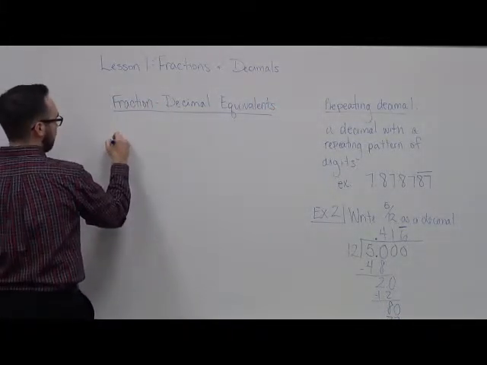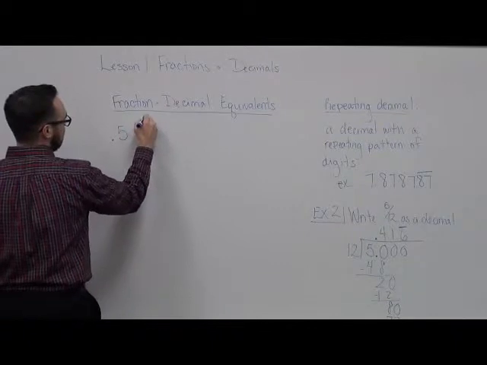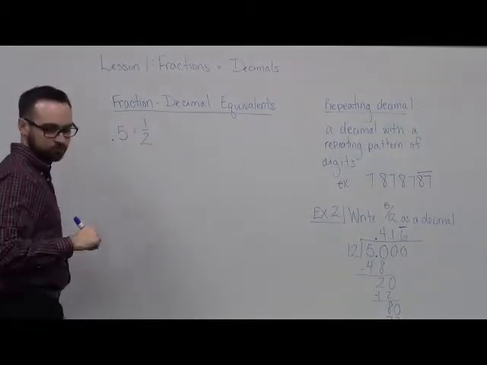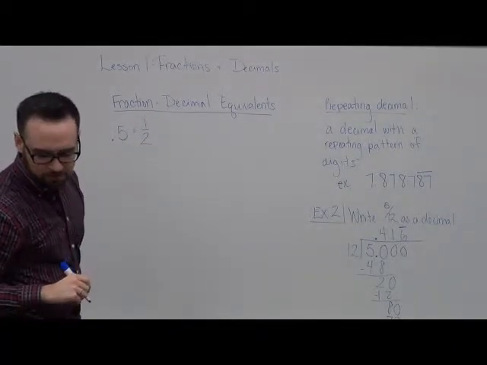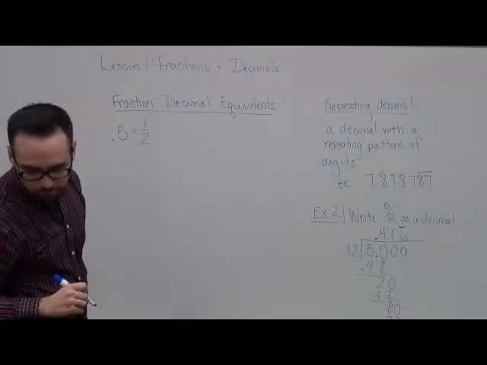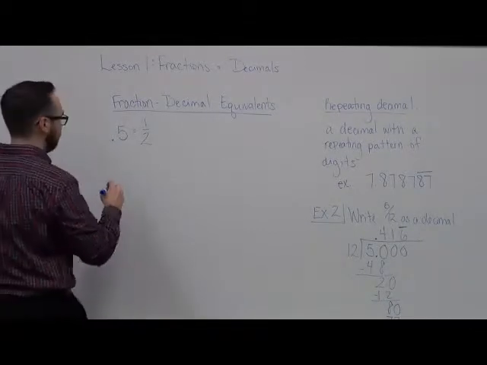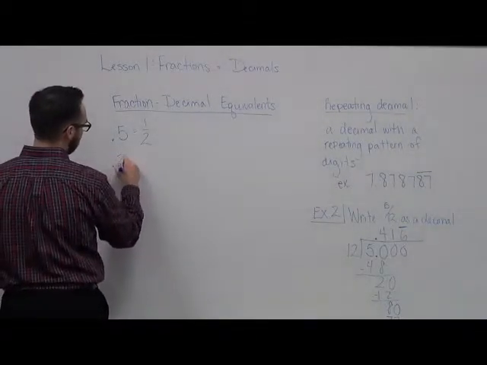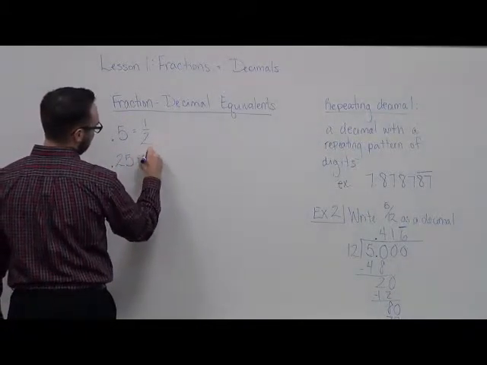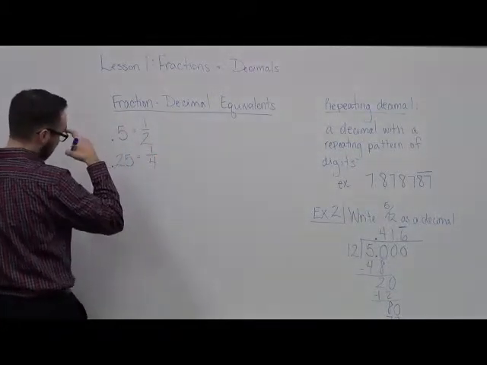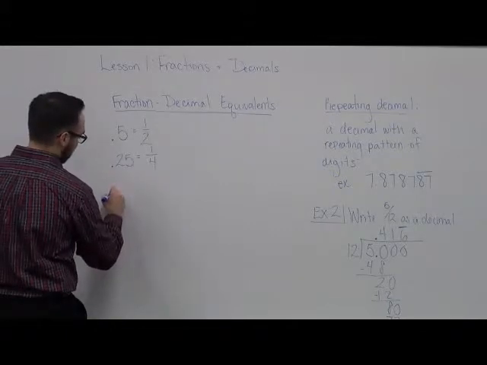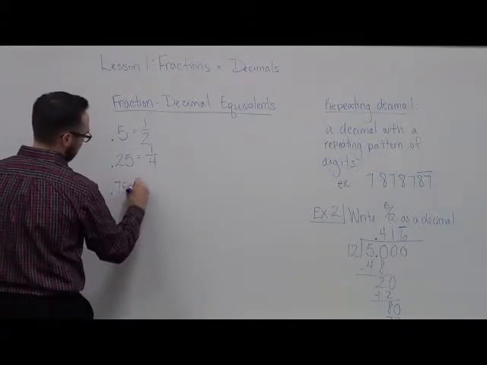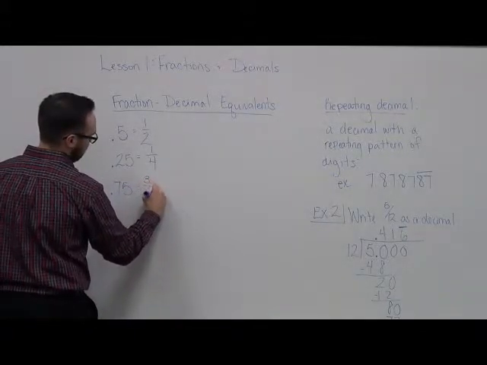Some of the easier ones: 0.5 is equal to 1/2. We have 0.25 is equal to 1/4. 0.75 is equal to 3/4.